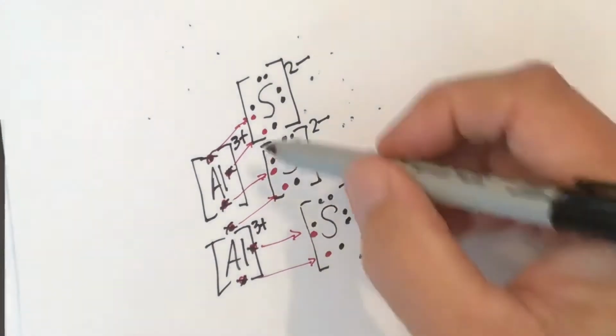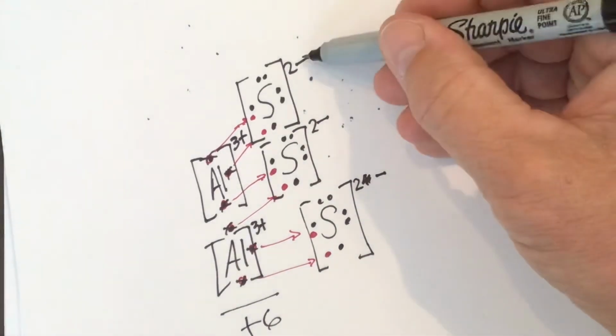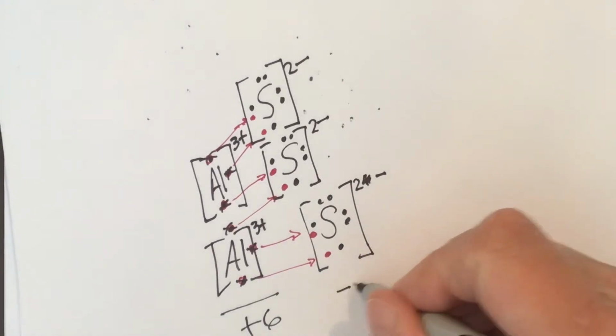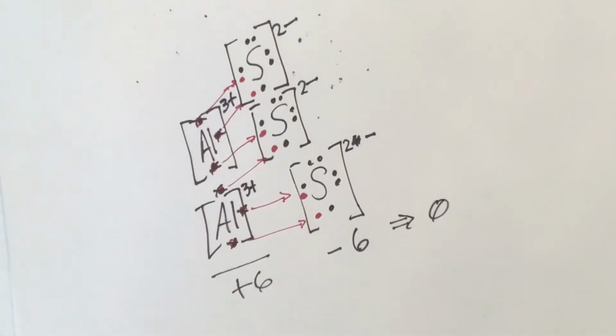So let's look at our math here. What's 3 + 3? You might have to use 2 hands here. That's +6, right? What is -2, -2, -2? That's right, that's -6. And +6 -6, why, that equals 0. Now remember, our ionic compounds, we want them to equal 0.